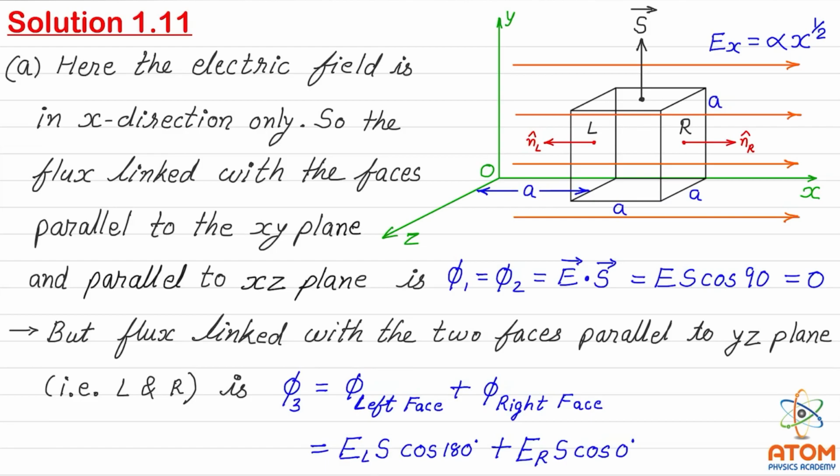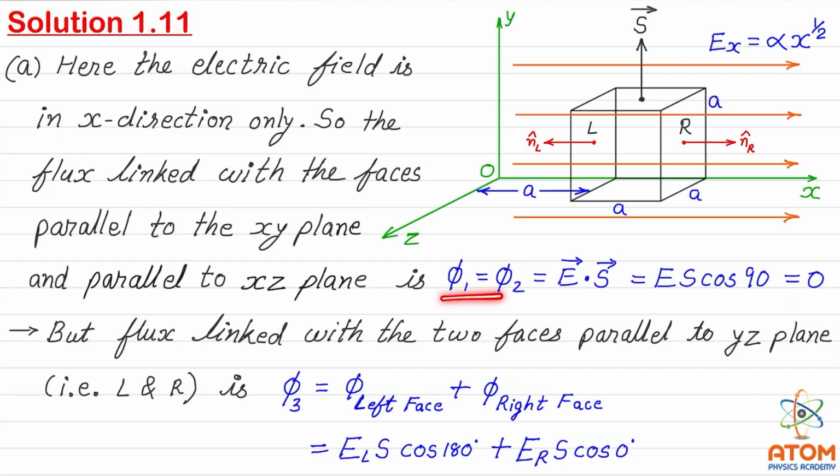And so, the flux equation, as we know, is E dot S. So, you can write E S cos theta. But as we have seen that the electric field and the area vector S are perpendicular, here we can write E S cos 90. But cos 90 is 0, and that's why the flux will be 0.